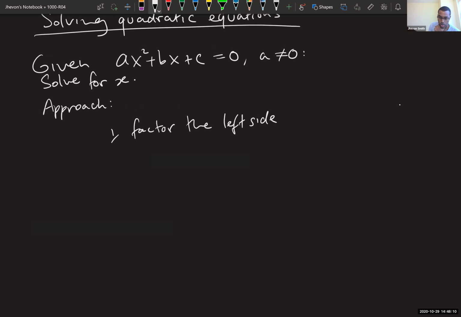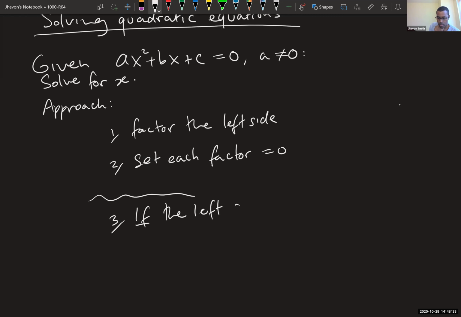So in general, what we would do is we'd factor the left side and set each factor equal to 0. So you apply the zero factor property. Or I would say as a third option, if the left side does not factor, use quadratic formula.